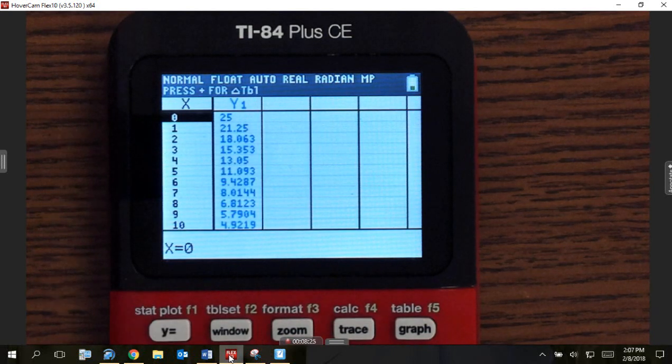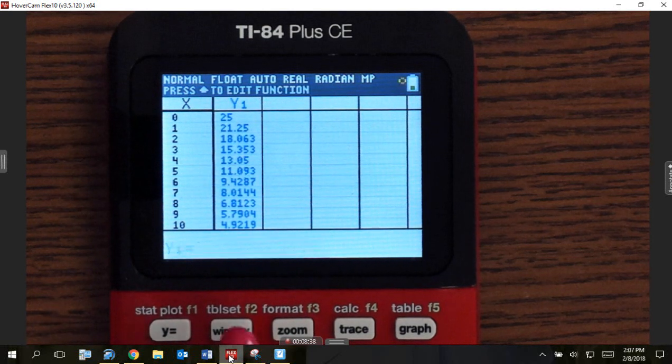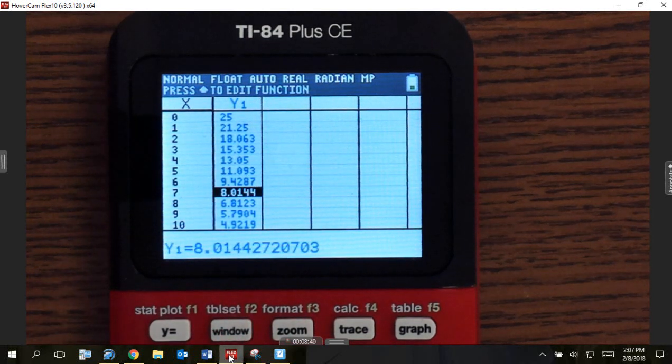Now, once I go to my table, I'm trying to find out what year, or how many years, which is our x value, when the y value is 8. So we're looking in our y column for 8. So it's approximately how many years?